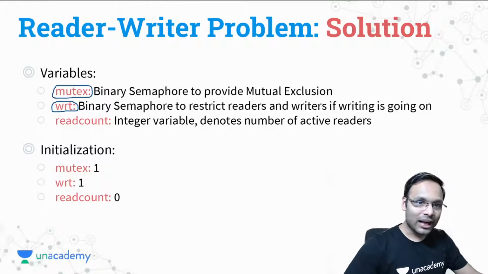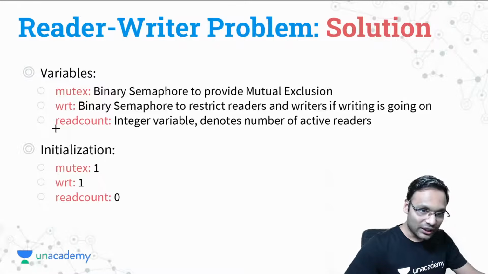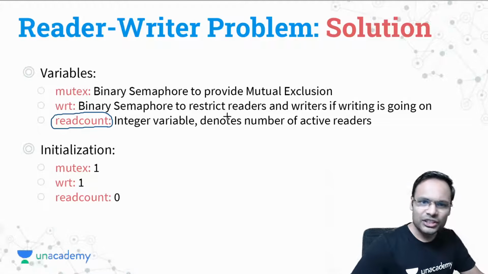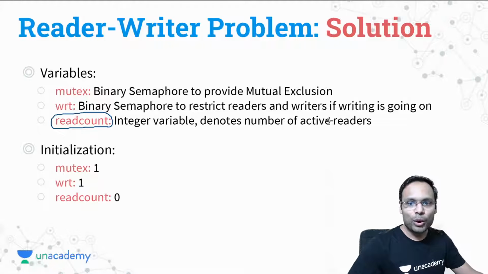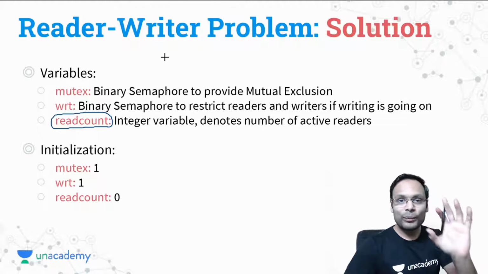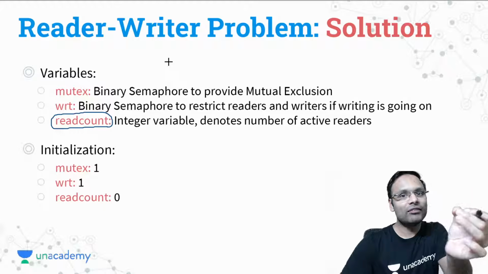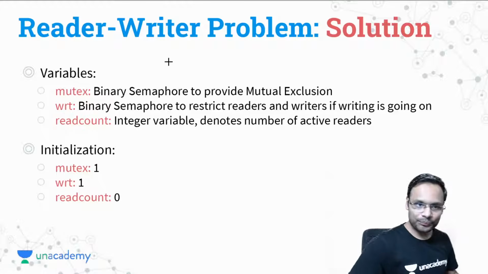And then we have another variable, that is read count. This read count is an integer variable, a regular one, and that integer variable denotes the number of active readers. How many active readers are there who want to actually read the file? That is the read count.